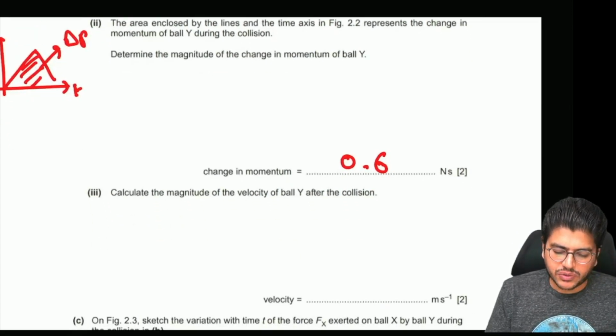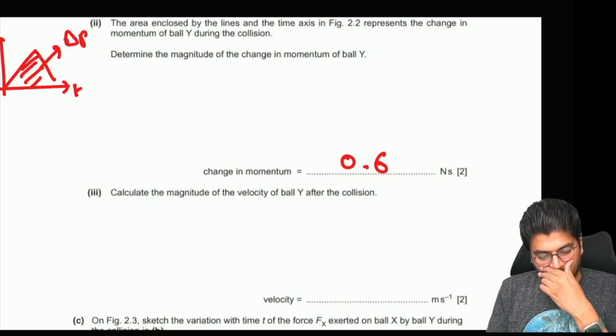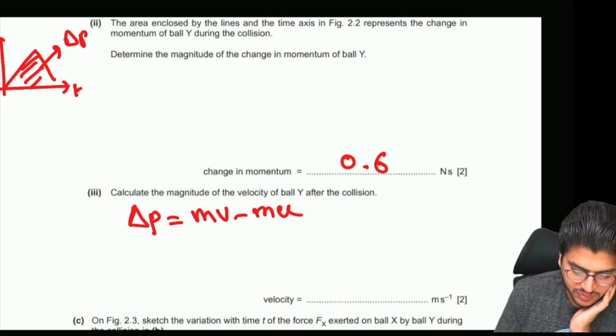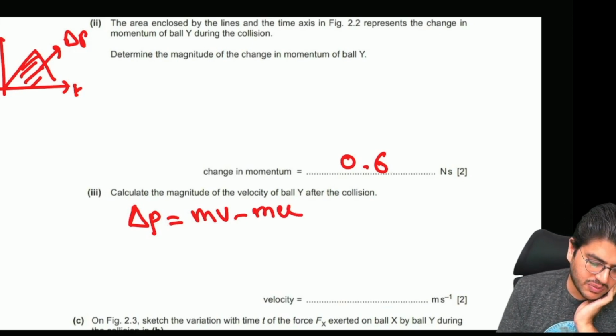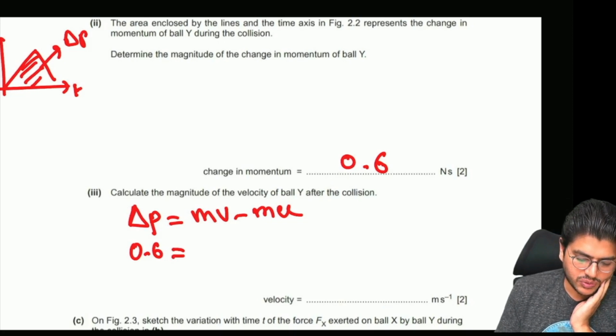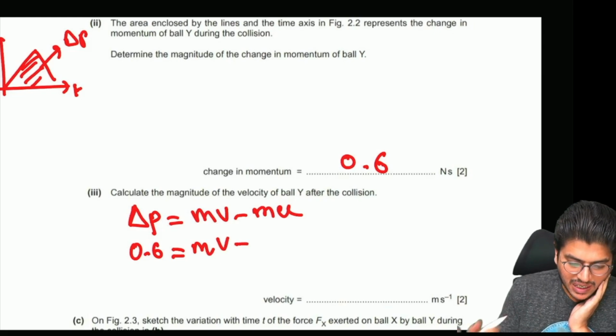Calculate the magnitude of the velocity of ball Y after the collision. Now, you've calculated the change in momentum, right? Change in momentum is mv minus mu. Correct? The change in momentum is 0.6. So 0.6 would be equal to the mass into the final velocity minus the mass into the initial velocity.